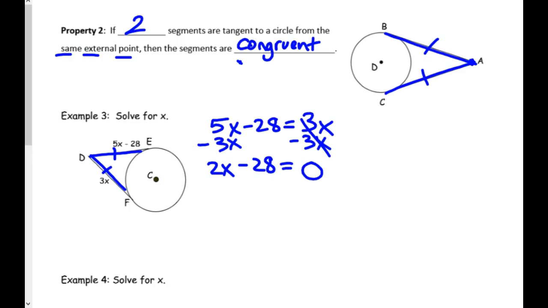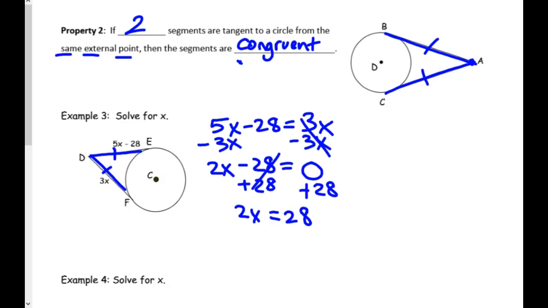Now we have a two-step problem on the left-hand side. What do I always get rid of first? The loner, minus 28. What's the opposite? Plus 28 on both sides. And now that 0 will be gone. Yay. So bring down 2x, equal sign, 0 plus 28 is 28.